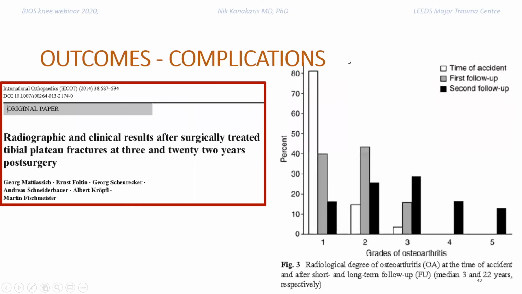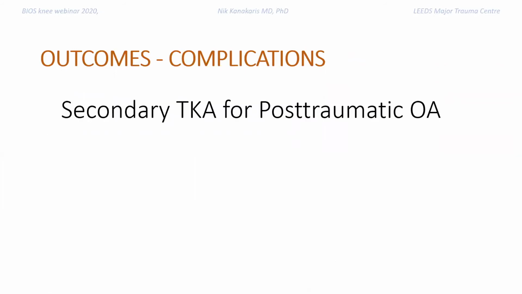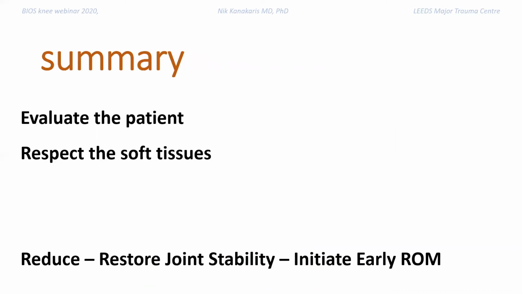As far as the long-term arthritis, this is a nice publication that proves that in about 22 years down the line follow-up, a big percentage have post-traumatic arthritis. However, judging from this publication of the National Database of Arthroplasties, a very small percentage of the total knees have a history of fractures, so post-traumatic elements are minimal.